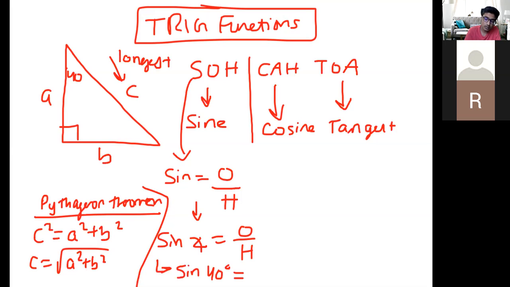And what that means is that it's essentially the opposite side divided by the hypotenuse. Similarly, the cosine of an angle is equal to the adjacent divided by the hypotenuse.